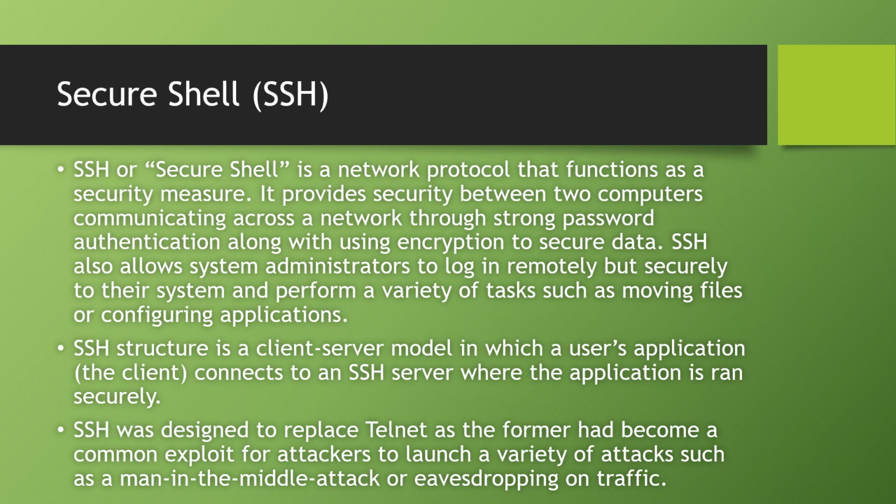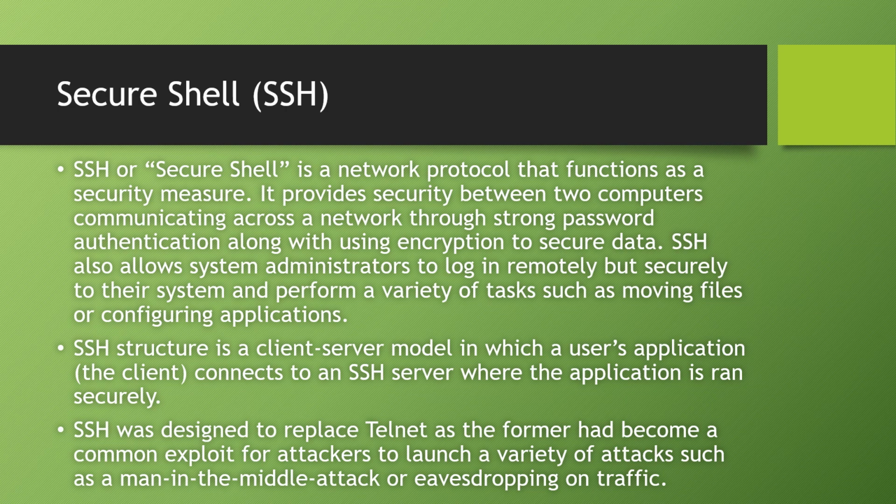SSH was actually designed to replace Telnet, as the former had become a common exploit for attackers. The reason for this was the data that Telnet transmitted was unsecured and unencrypted, so hackers could basically intercept the traffic, edit it or alter it in any way they see fit, and then send it back on the route that it was taking, and that could cause all sorts of issues.